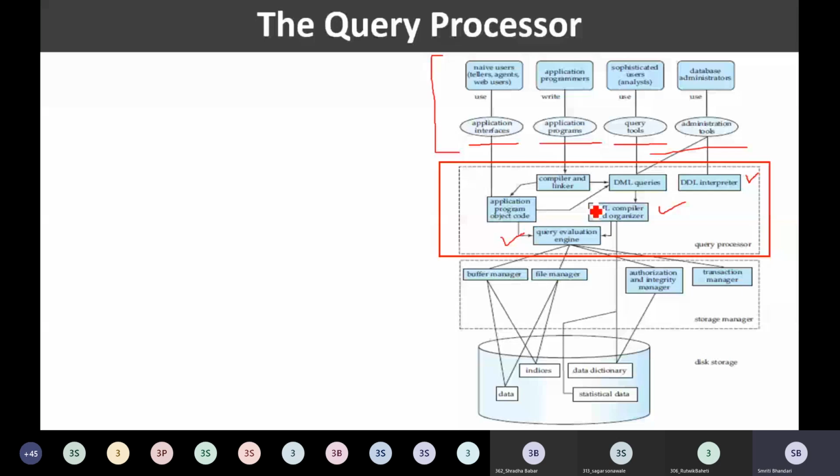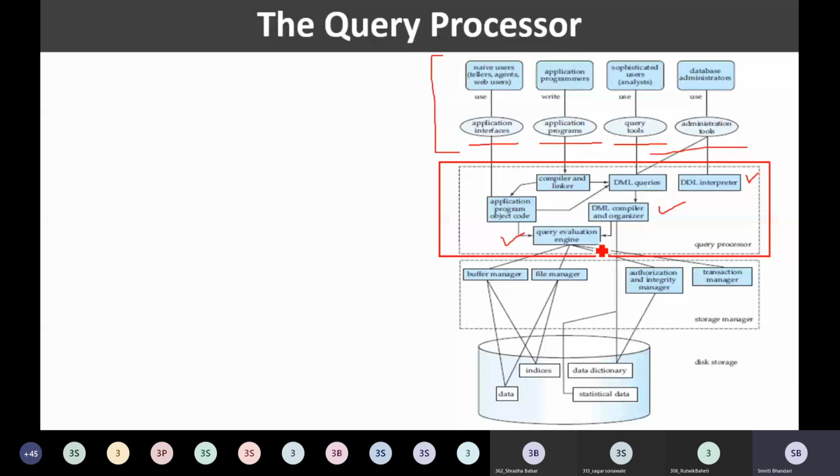These DML queries also need to be compiled. So we have the compiler, which compiles the DML queries, and further these DML queries, now in the form of low-level structures, are forwarded to the query evaluation engine.